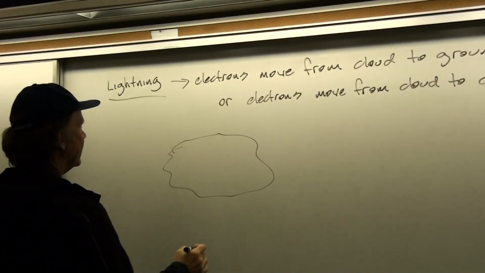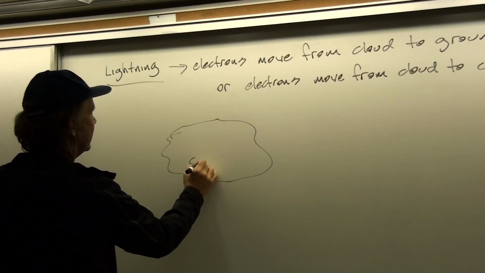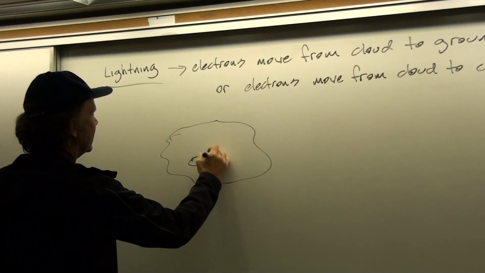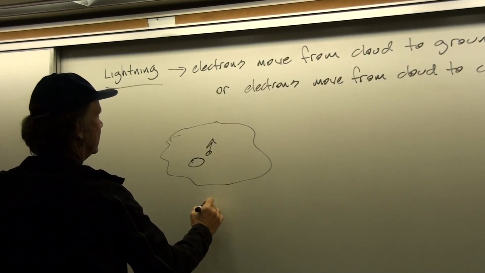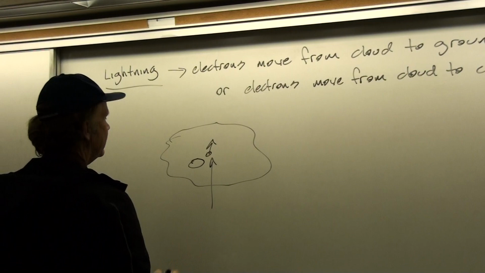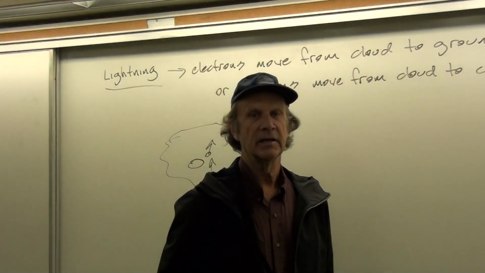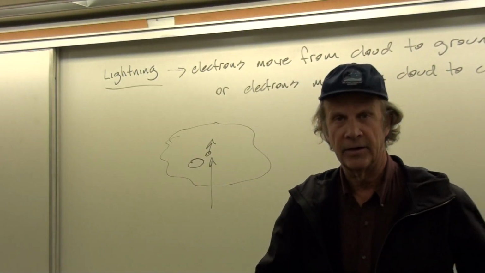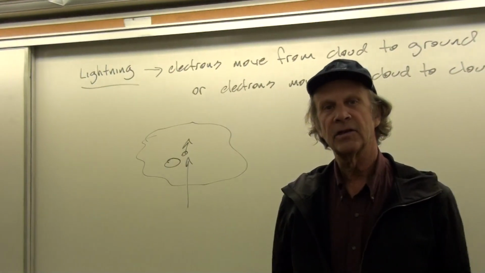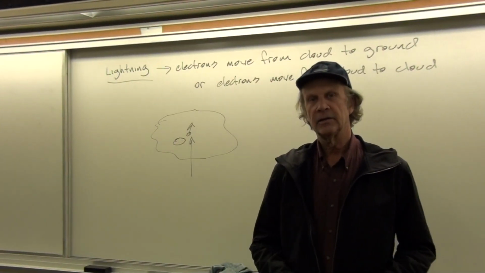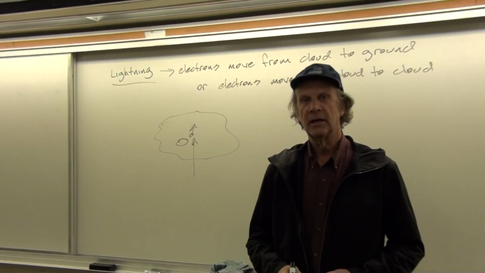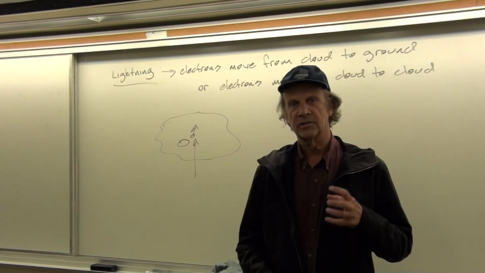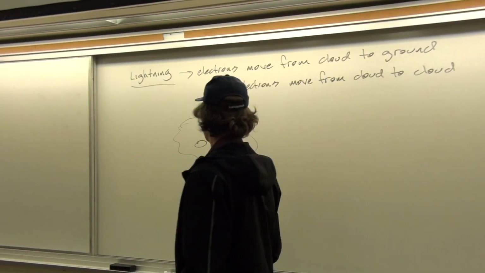Typically that tends to happen in a cloud as hailstones interact with ice crystals. We have typically very strong updrafts in an unstable cloud. So that cloud expands and it cools, and in the process of getting cool, the water turns to ice, and so we get hail and ice crystals.